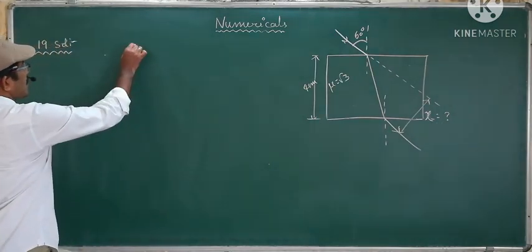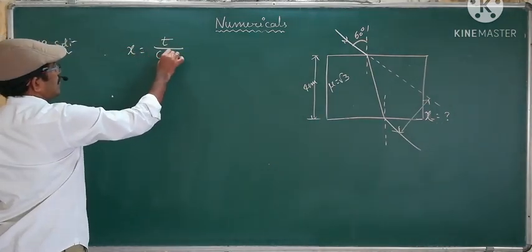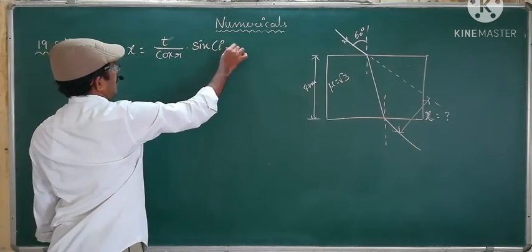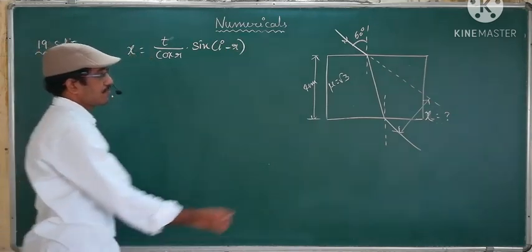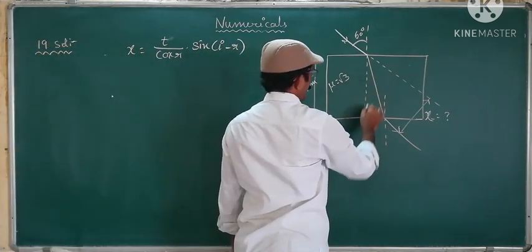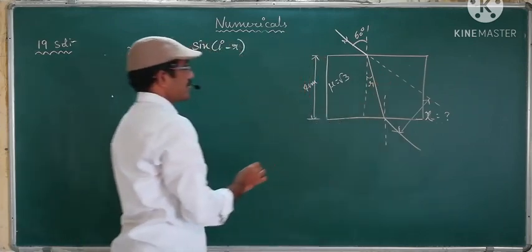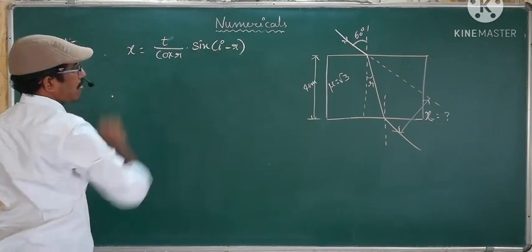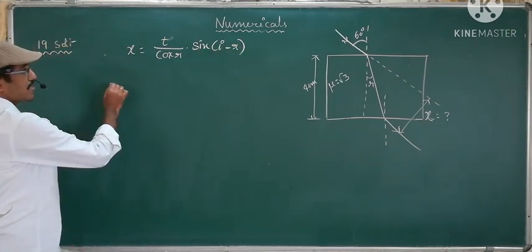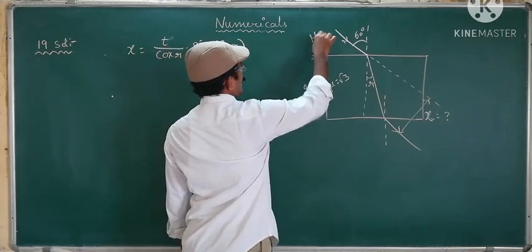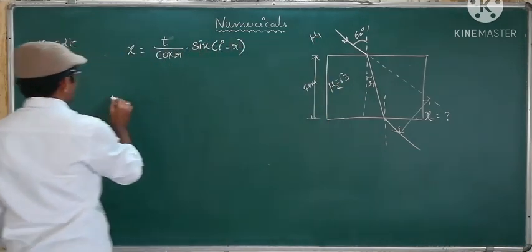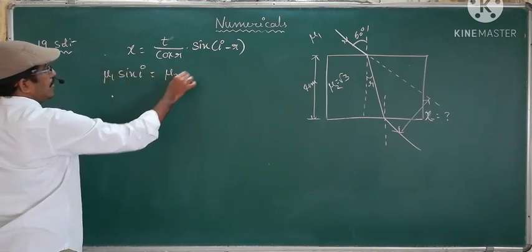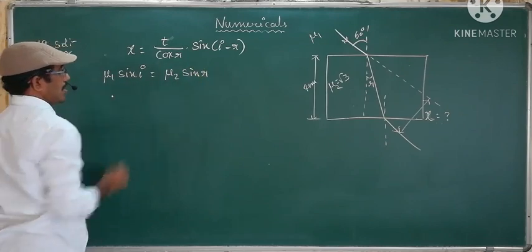The lateral shift formula is x equal to t divided by cos r into sine of (i minus r), where r is the angle of refraction. From this, t is there, i is there, but r is not there. So we can apply Snell's law. This is mu1 and this is mu2. So mu1 sine i is equal to mu2 sine r.